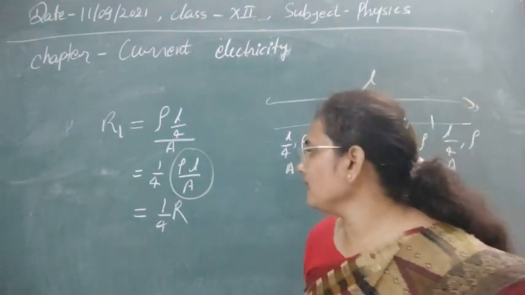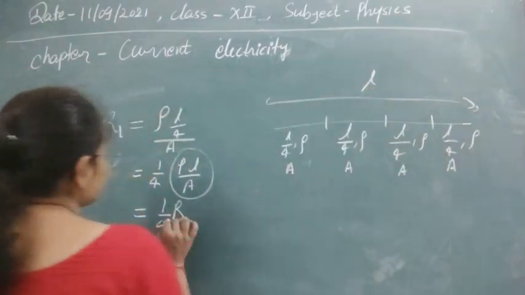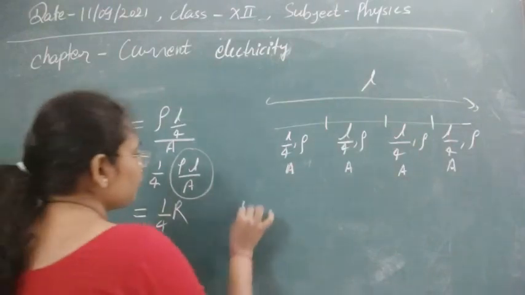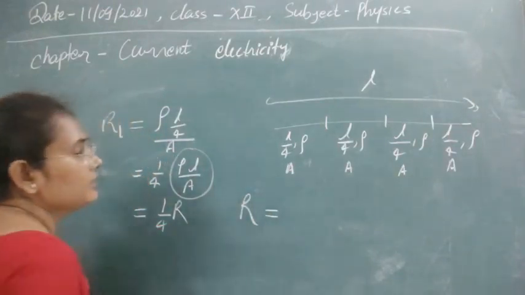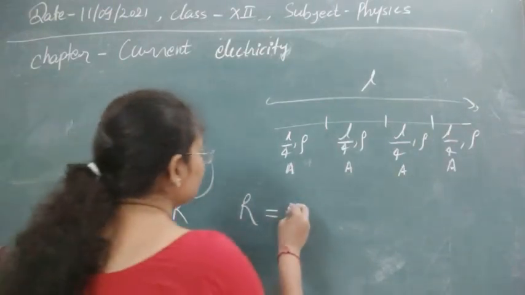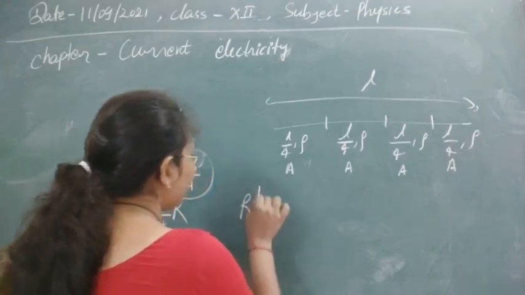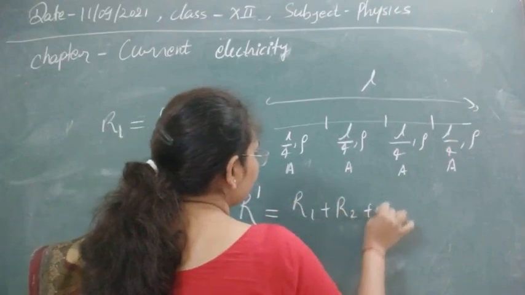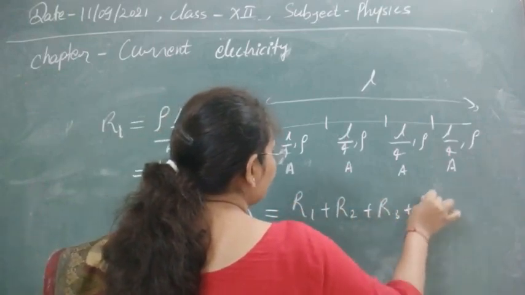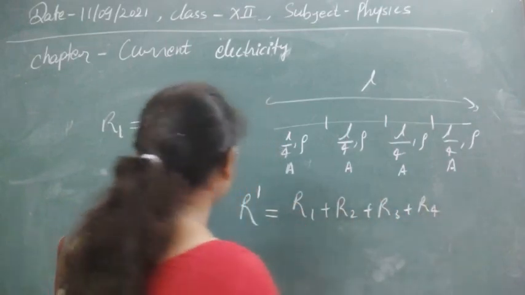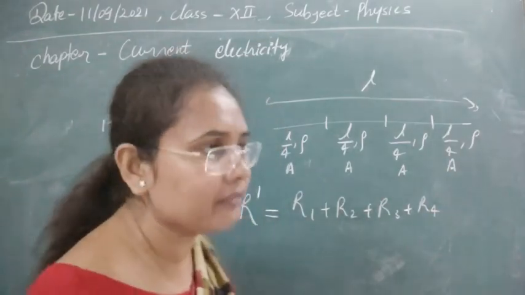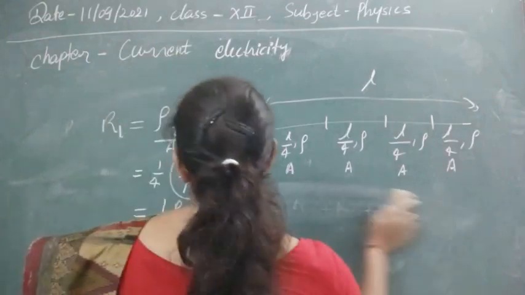As each wire has this resistance, and we are connecting them in series, for the series combination the equivalent resistance R dash is equal to R1 plus R2 plus R3 plus R4. Now you can solve it and find the value of the final equivalent resistance.